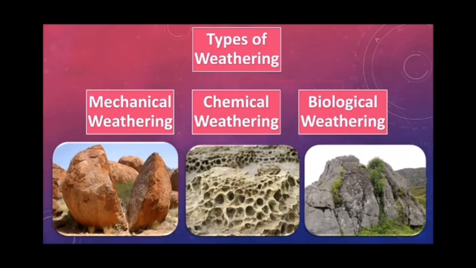Whereas chemical weathering occurs in humid climates, meaning where the level of water vapor is high in the region. And lastly, biological weathering occurs because of living organisms.